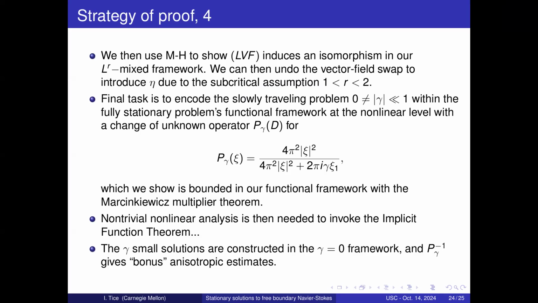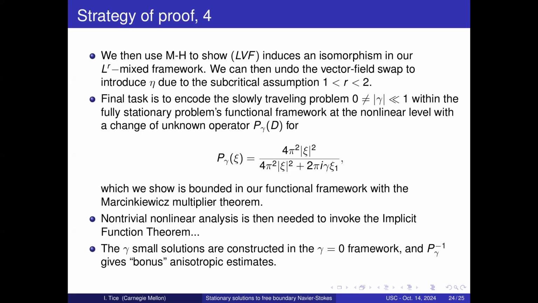Unfortunately, this one is not of Mikhlin-Hörmander type, and so once again, Noah's harmonic analysis knowledge came to the rescue, and he said, that's fine, this is of Marcinkiewicz type. So we were able to use the Marcinkiewicz multiplier theorem to show that this is nicely bounded in our space, and this allows us to make all of the analysis work in this single function space, which is tooled to the stationary problem, even though we also want to do the problem for at least gamma small, but not zero.